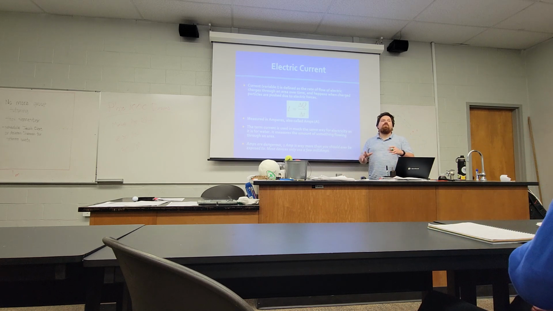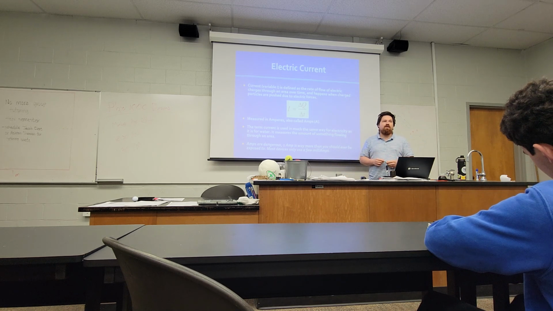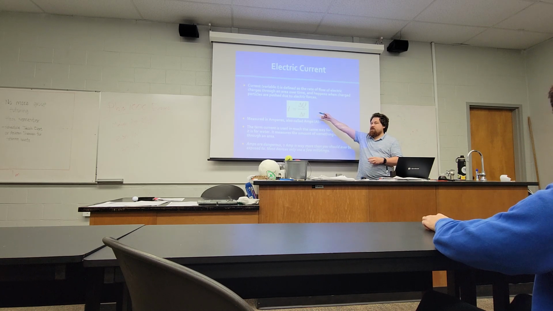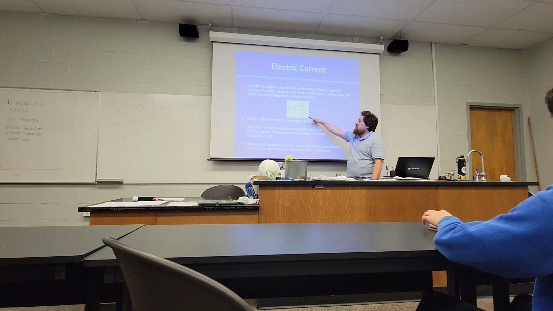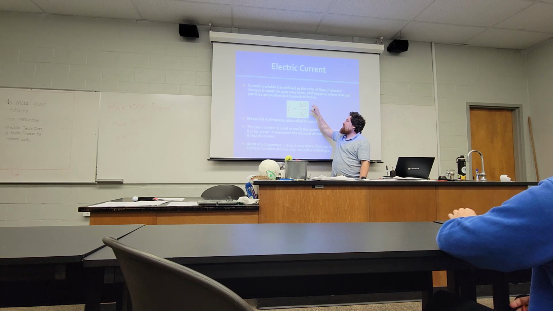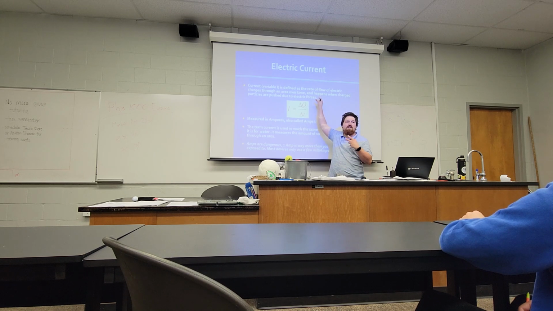The bigger the current measurement, the more electrons are passing through that particular thing every second. You're not really going to need this formula for anything. I just have it here to kind of demonstrate. The measurement of current is the amount of charge passing per time. Charge in this case meaning electrons. The more electrons pass through something, the more current you have.